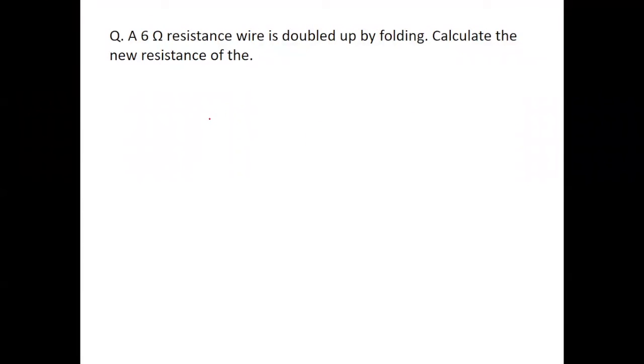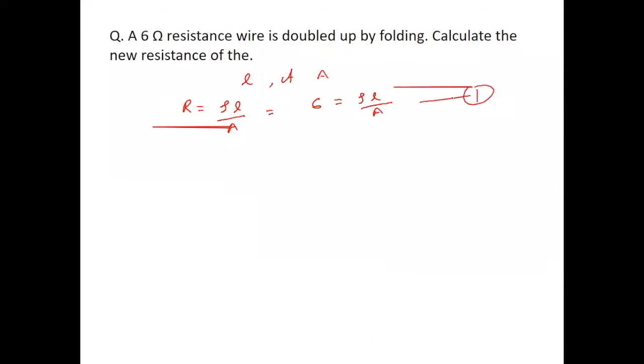In the first case, suppose a 6 ohm resistance wire has length L and its cross section area is A. So the formula is resistance 6 equals rho L by A. This is the first equation.